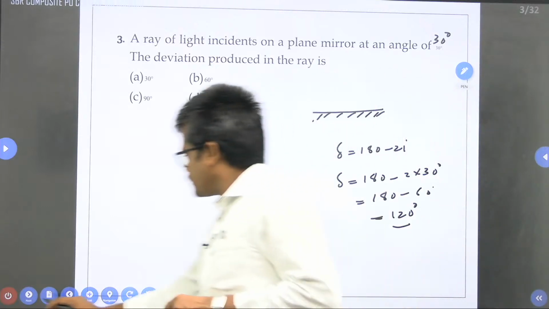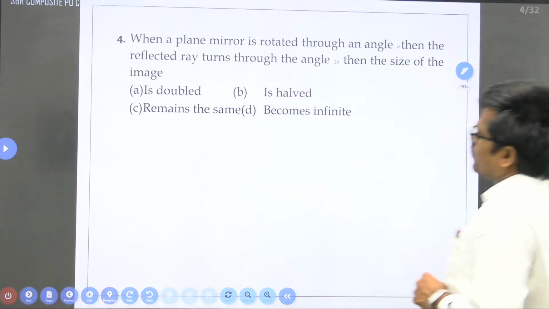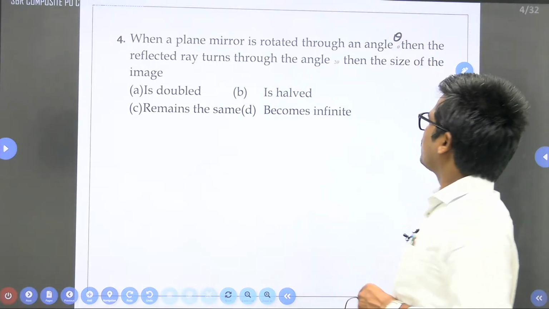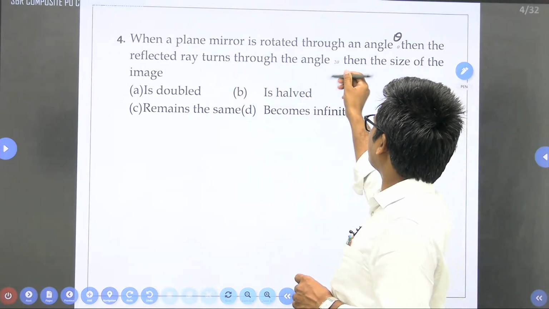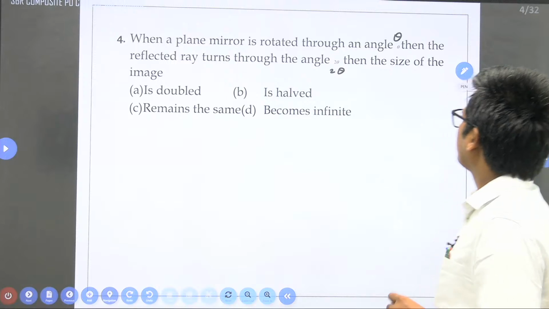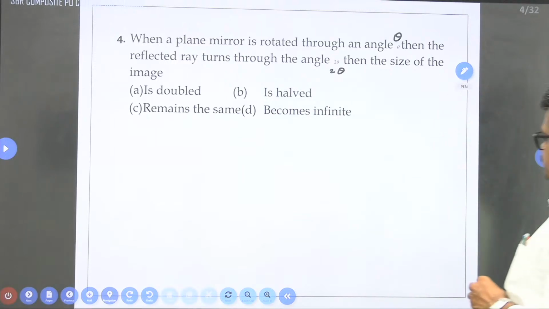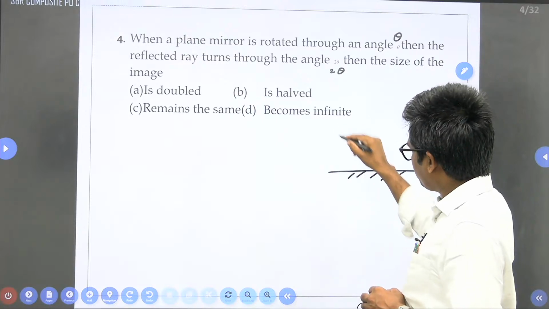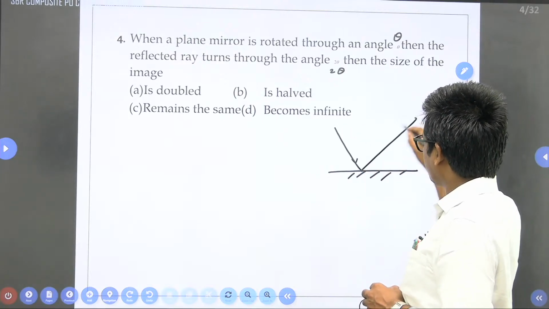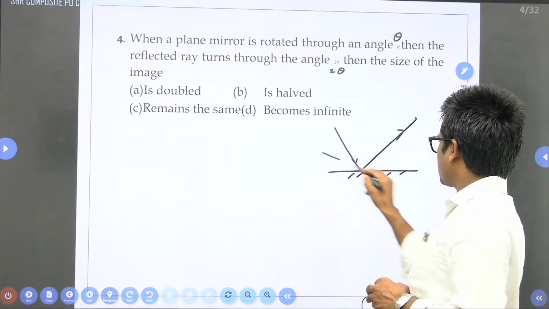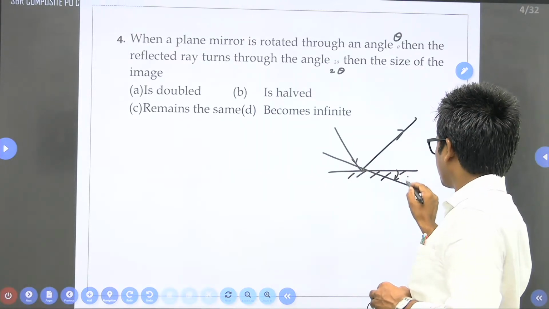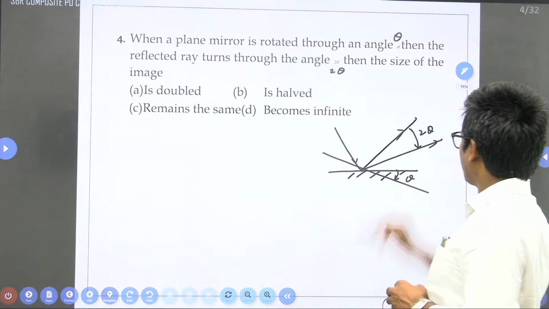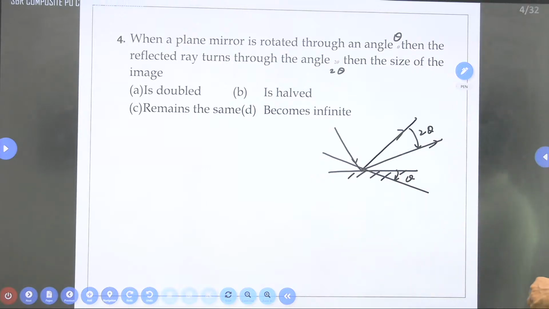Right? Okay. Next one. When a plane mirror is rotated through an angle theta, then the reflected ray turns through an angle 2 theta. Then the size of the image is. So remember, if this is the mirror, this is the incident ray and this is the reflected ray, and suppose your mirror turns through an angle of theta, your reflected ray will turn through an angle of 2 theta. I already learnt it.